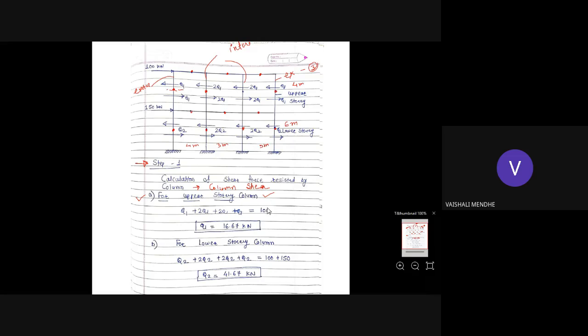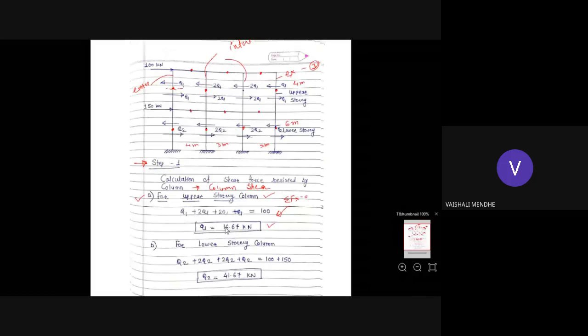Using summation Fx equal to 0, we'll find out the shear developed in each of the columns. Now what is the value of Q1? It is 16.67 kilonewton. So for the exterior column, the column shear you are getting is 16.67.